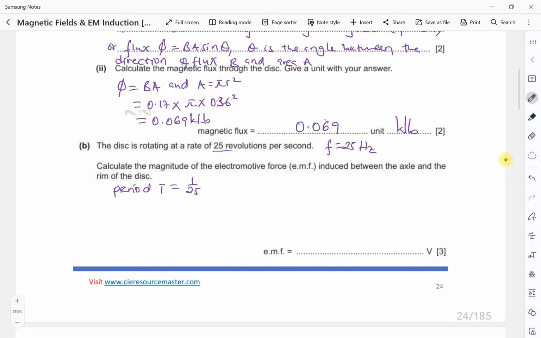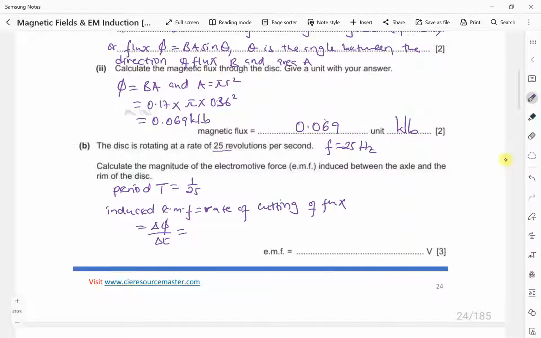Then calculate the magnitude of the e.m.f induced between the axle and the rim of the disk. The time is going to be 1 period. And we know that induced e.m.f equals the rate of cutting of flux, or rate of change of flux linkage, which is change in flux divided by time.